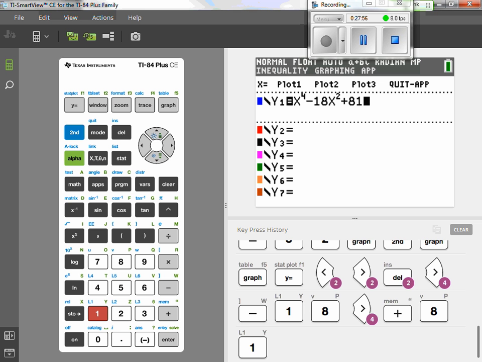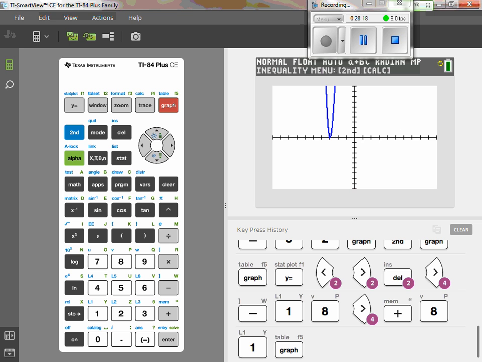Let's see here. Oh, I did it wrong. You're good. So any questions on this here? Were we able to find the zeros? So what are the zeros? Well, we need to get the graph to find the zeros. x is equal to 3 and x is equal to -3 because that's where it crosses the x axis.